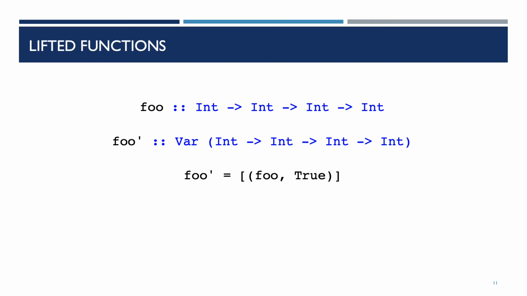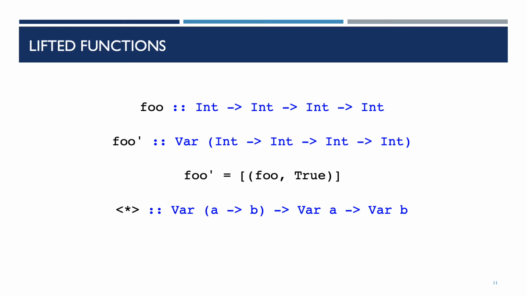But the problem now is how can we apply foo prime to variability-aware values, or variability-aware integers in this case. So we need a new lifted function application operator, and this is what this spaceship operator here is doing.